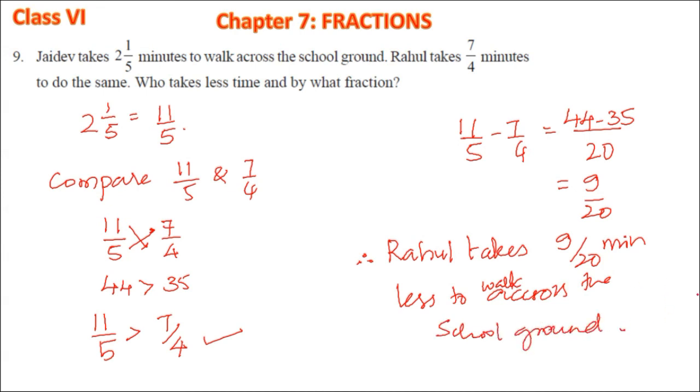With this question, we have completed all the exercise questions of the chapter fraction. In the next session, we shall do revision of all the chapters right from chapter number 1 onwards. I'll be making use of the NCERT exemplar book, wherein first we have number system.